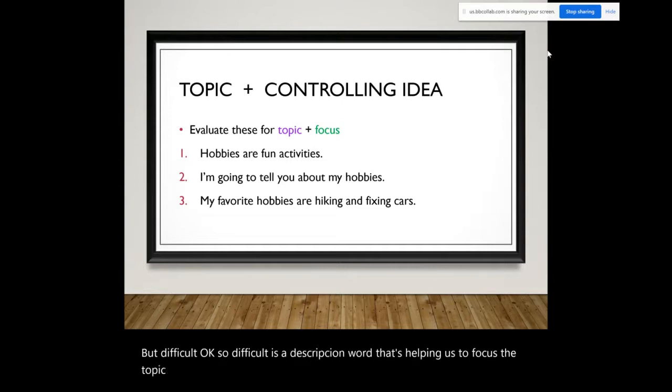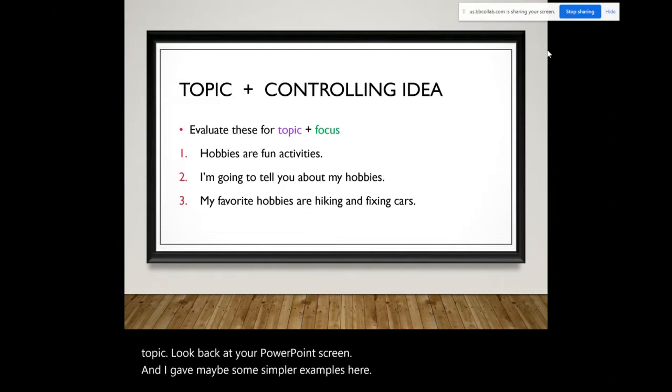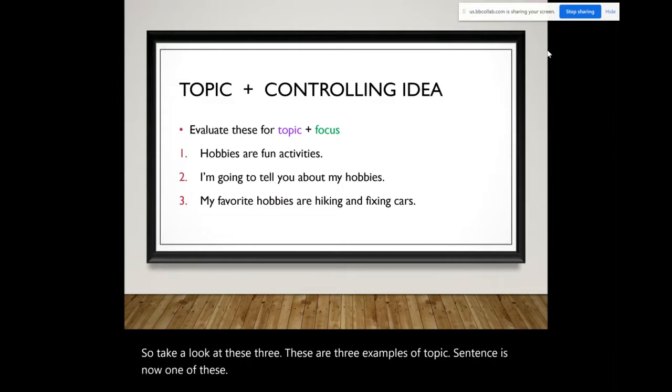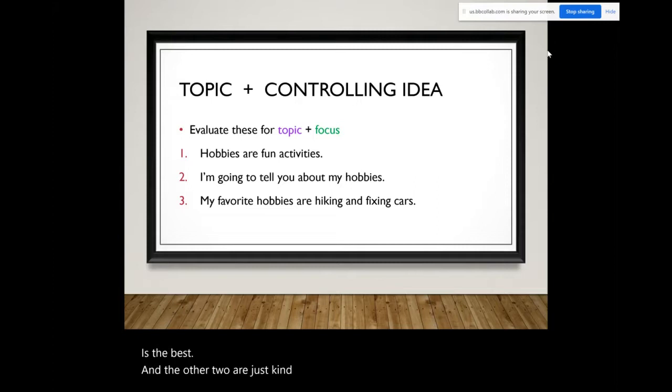Look back at your PowerPoint screen, and I gave maybe some simpler examples here. So take a look at these three. These are three examples of topic sentences. Now, one of these is the best, and the other two are just not really that good.